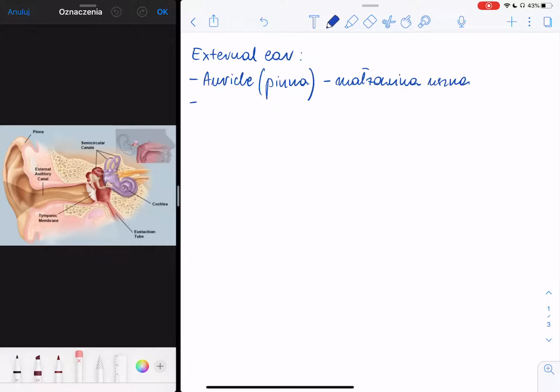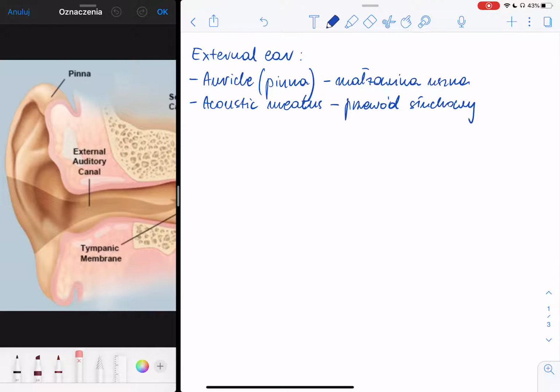And it also consists of acoustic meatus, po polsku przewód słuchowy. And guys, here you have them.